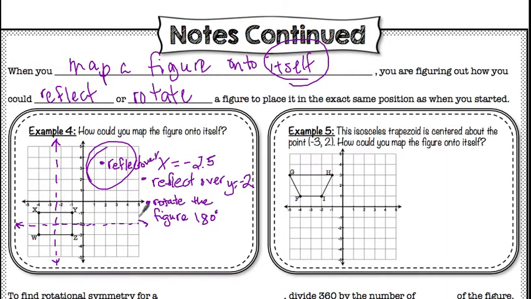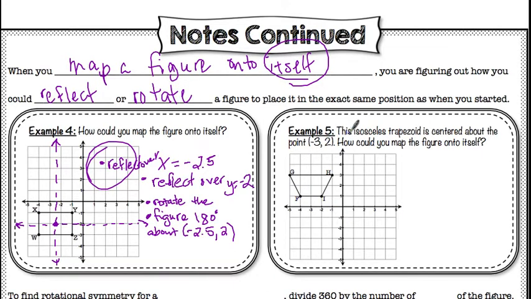So this is my third answer: rotate the figure 180 degrees, that means upside down, about this center point, the center of the rectangle. So rotate the figure 180 degrees about negative 2.5, negative 2. And that's how you answer these questions. You're looking for rotational symmetry and you're looking for line symmetry.